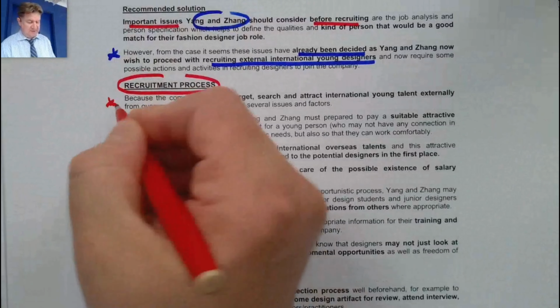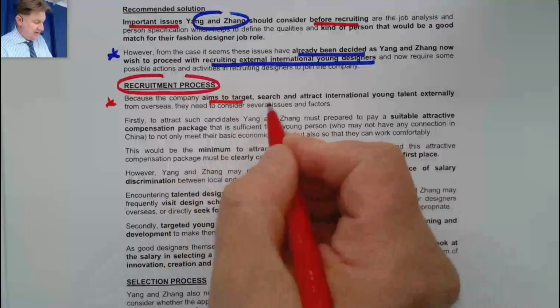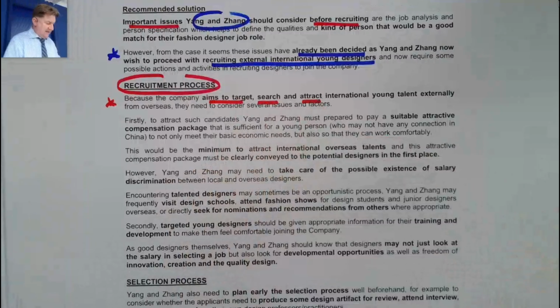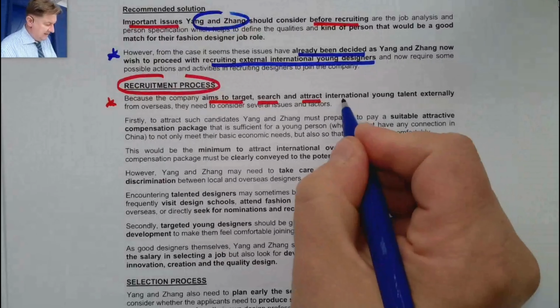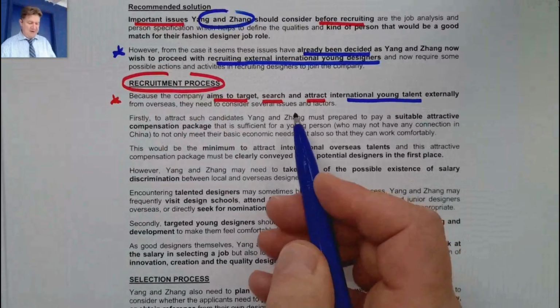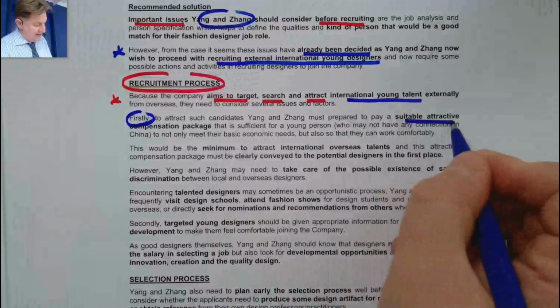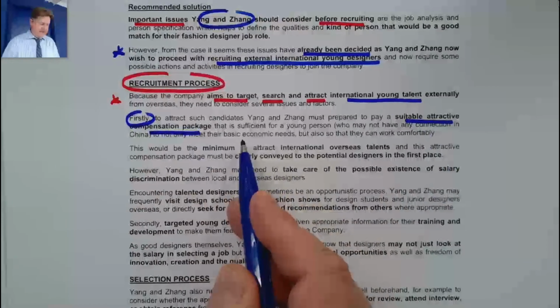Let's introduce what we're doing first of all with recruitment. We're aiming to try to target, search and attract this target, which is this international young talent externally. We need to start thinking about several factors here. First of all, we've got that attractive compensation package.